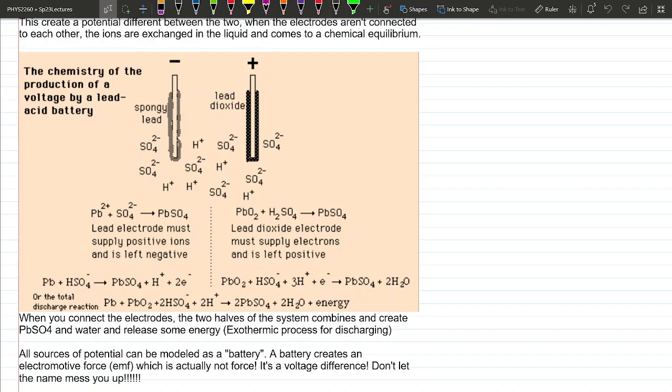The lead will interact with the sulfuric acid to produce this lead sulfate. I actually don't know what the technical name is. PbSO4. In this process, the lead will release a hydrogen atom, which is a +1 charge, but it also releases 2 extra electrons.